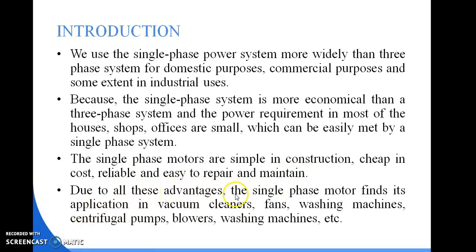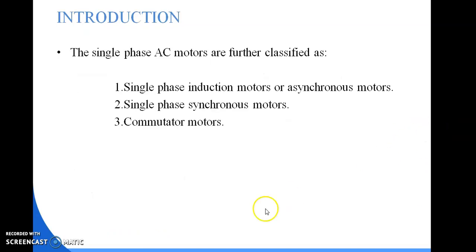Due to all these advantages, the single phase motor finds its application in vacuum cleaners, fans, washing machines, centrifugal pumps, blowers, etc. The single phase AC motors are further classified as single phase induction motors or asynchronous motors. Next one is single phase synchronous motors, and the third one is commutator motors.